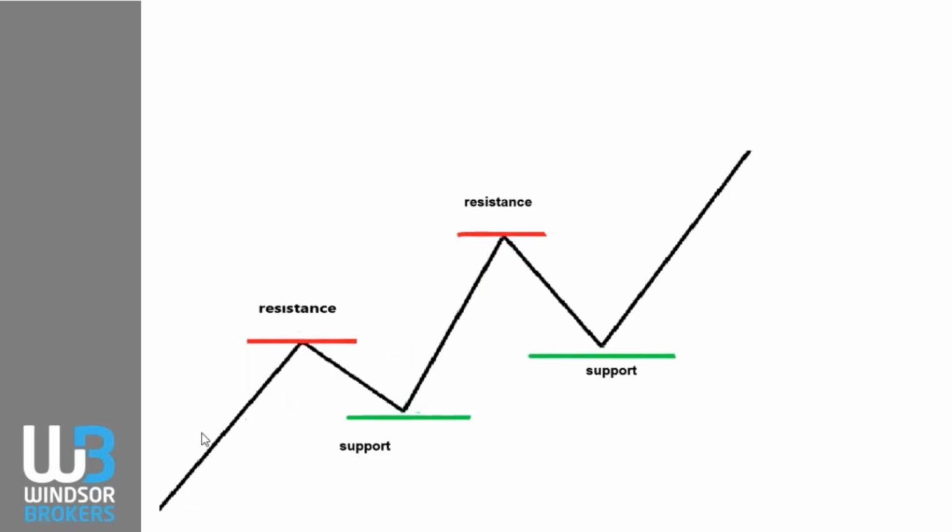The uptrend has its waves, its swings up and down, but the general direction is still to the upside. We can draw a line here and show that this price action is in uptrend, and its waves mark the support and resistance levels, which are a good opportunity for traders to jump in.